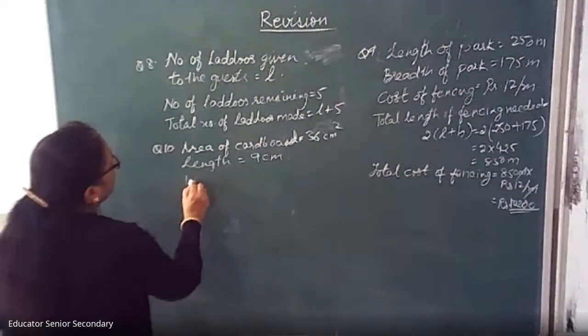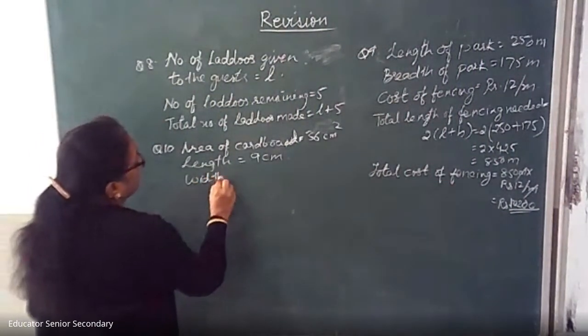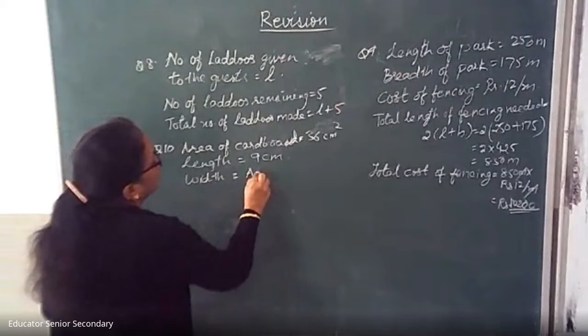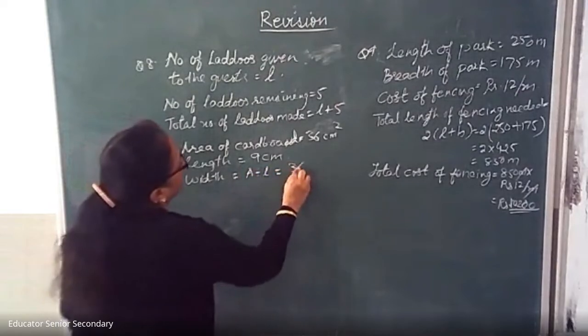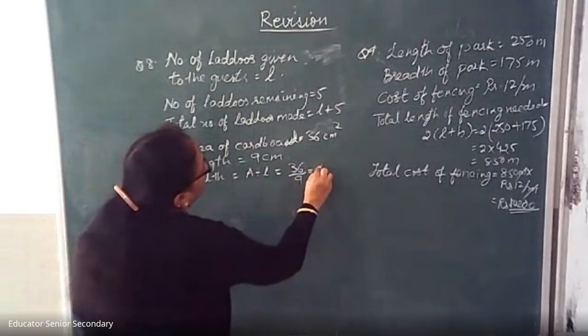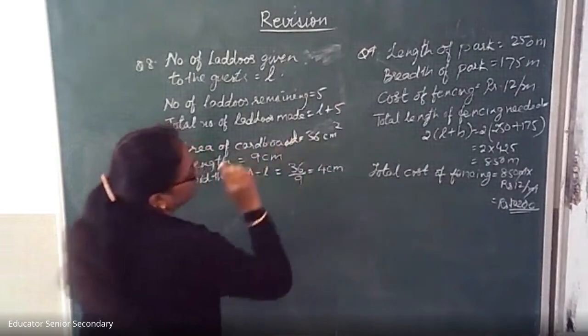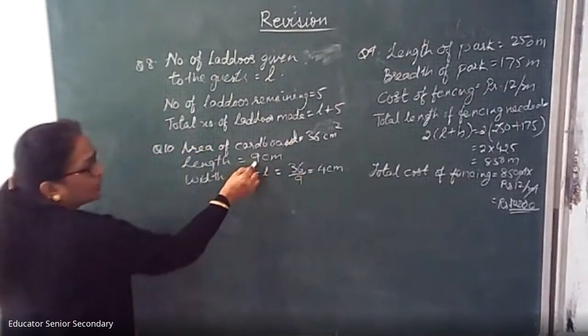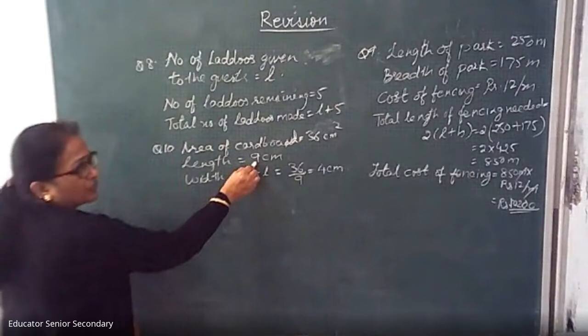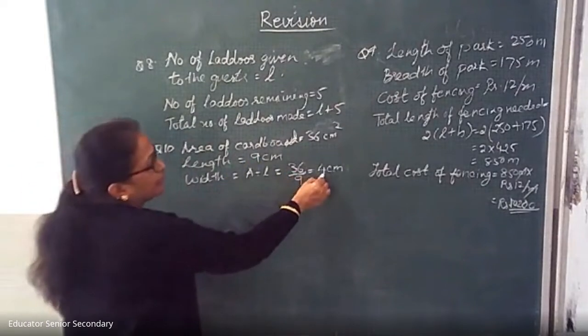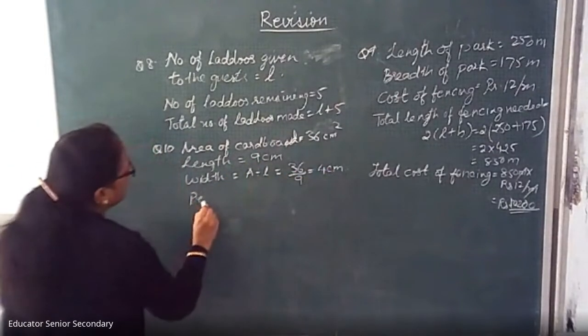Now to find the width, we divide the area by the length. That is 36 divided by 9, which is equal to 4 centimeter. Now we already have the length in the question and we have calculated the breadth. Now we can find out the perimeter of the cardboard.